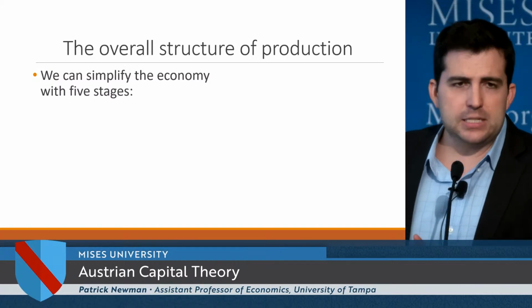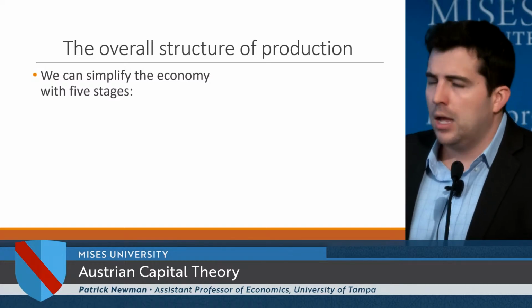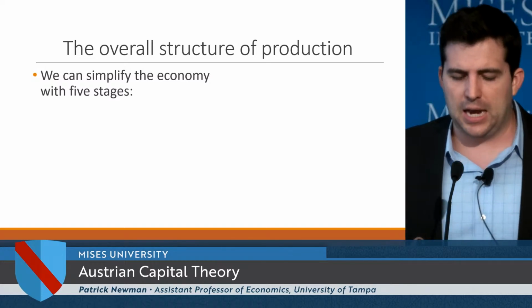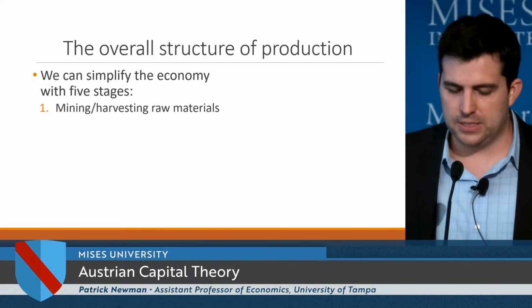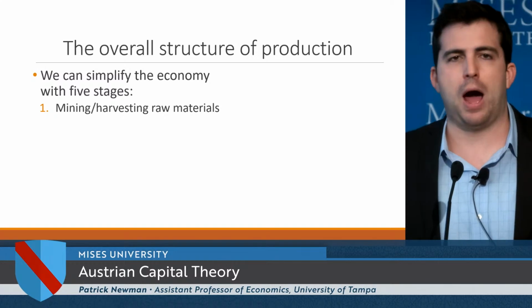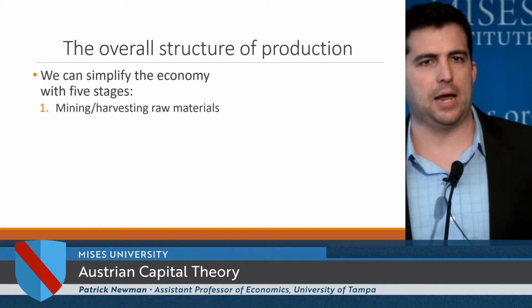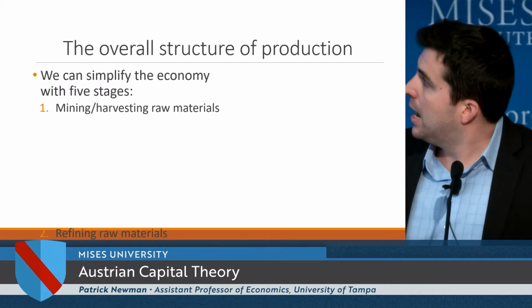For simplicity's sake, we can break down the economy into 5 stages. You've got mining and harvesting, raw materials, whether that's some sort of crop harvested or something dug out of the ground. This is the first stage.